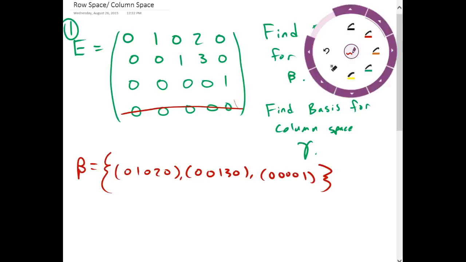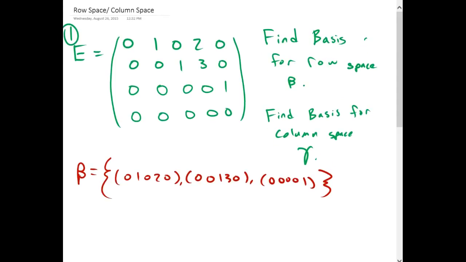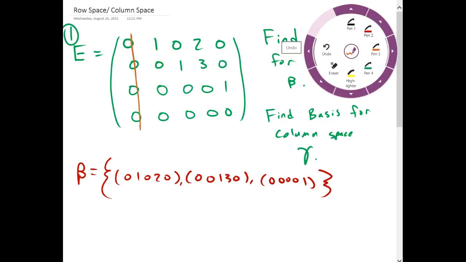Now we look at the column space. And the column space is just a set of linear combinations of the columns. So we can eliminate this column because it's just zeros. And then by the same procedure as before, we see that we have 1 here and zeros here. So that is going to be linearly independent from this one because there's a 1 there and zeros there.